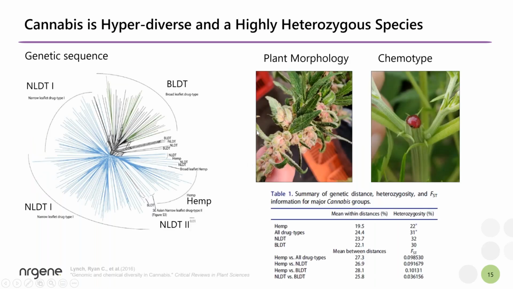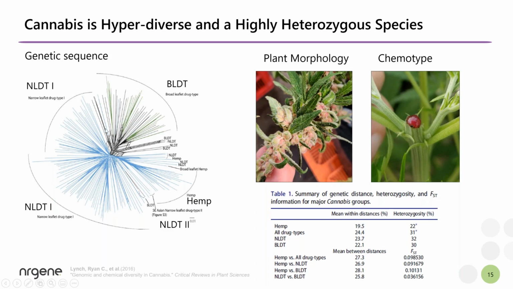So how do you go about creating this data set in a way that will be compact but representative of the enormous diversity in cannabis? All of you who have grown a lot of varieties or run a breeding program in cannabis know that this is a hyper diverse and highly heterozygous species, both in its plant morphology and chemotypes, but also on the genetic level. So this is a dual trait again.